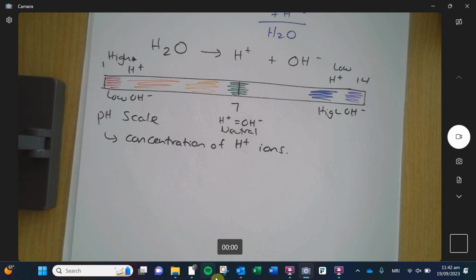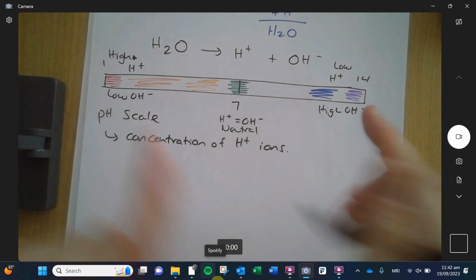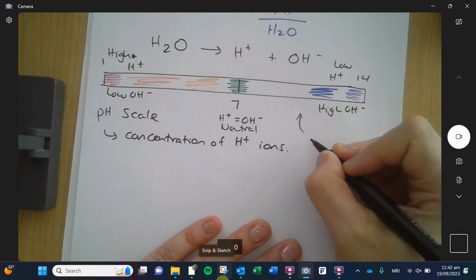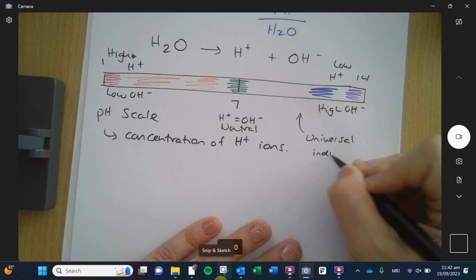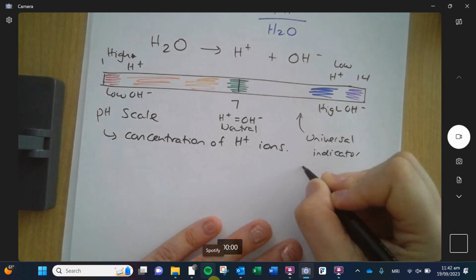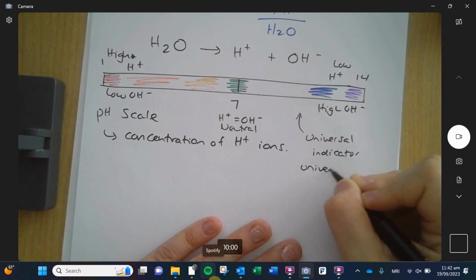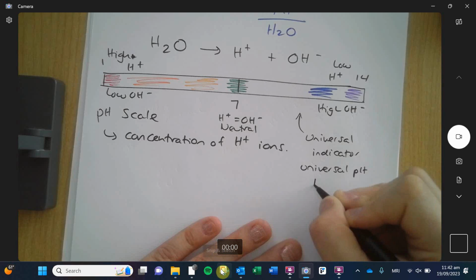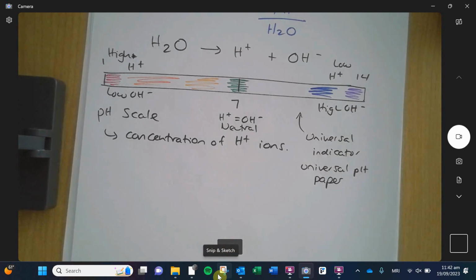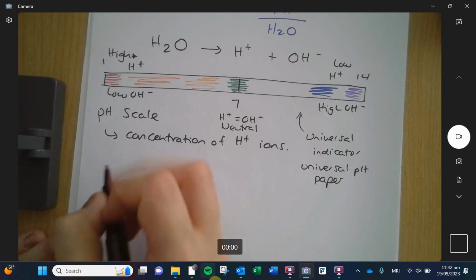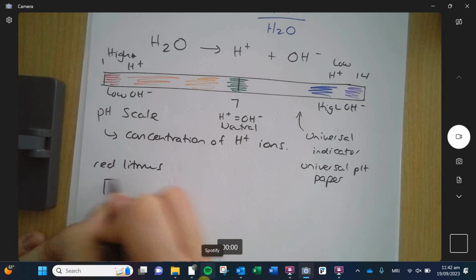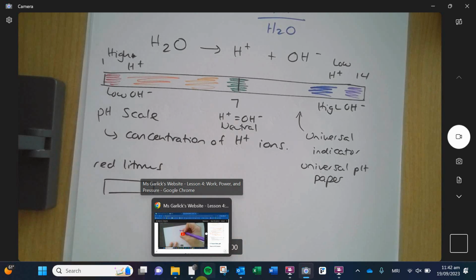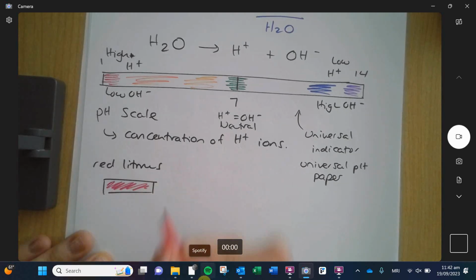So the first one is, this is just a scale that is showing either universal indicator or universal pH paper. So this one shows the full range of colors. There are other kinds of pH paper you can get. You can get red litmus. So the piece of paper is red, like that.